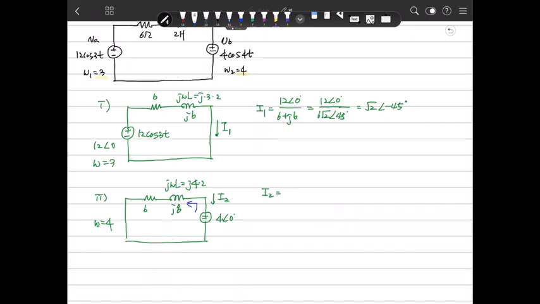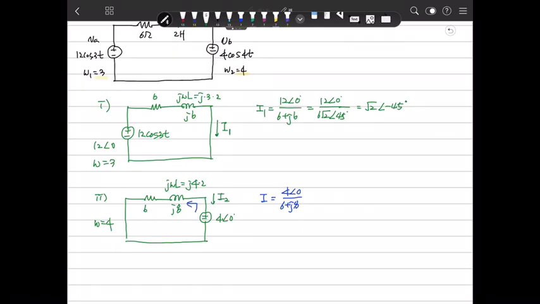The source is 4 at 0 and the impedance is 6 plus j8.